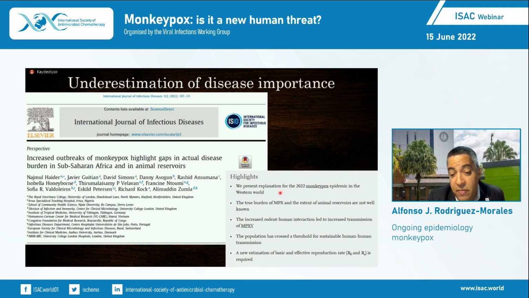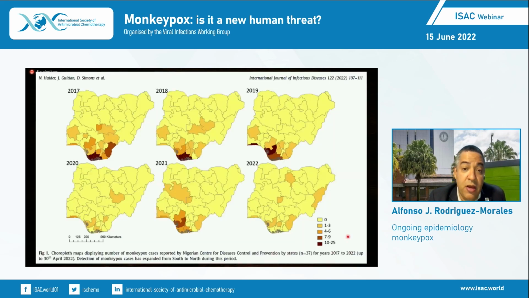But certainly the population has crossed a threshold of sustainable human-to-human transmission, probably not only in the current outbreak, but particularly in Africa. And in fact, a new estimation of basic and effective reproduction rate is right now necessary. But as you may see here, probably in some endemic countries, there are no recording of cases.